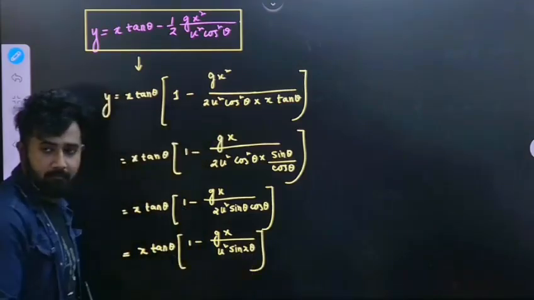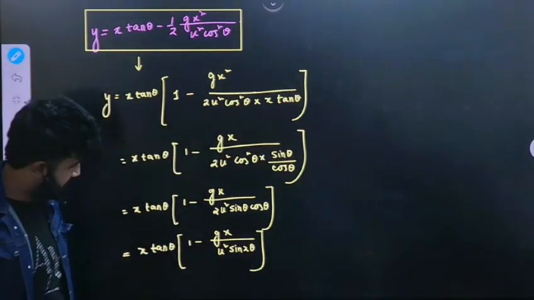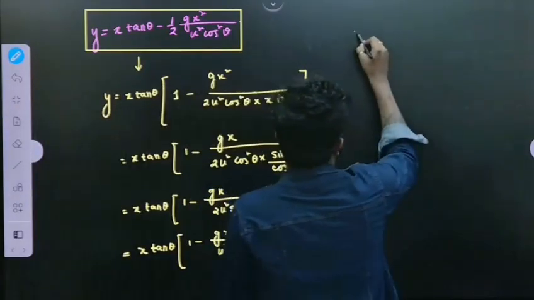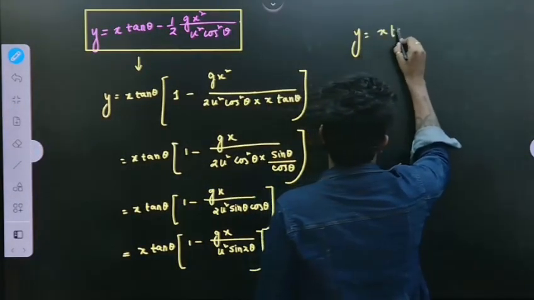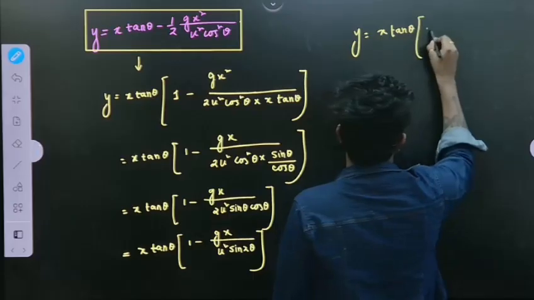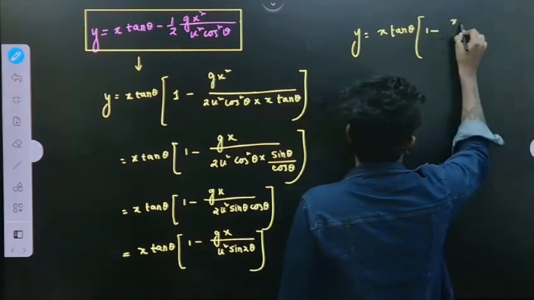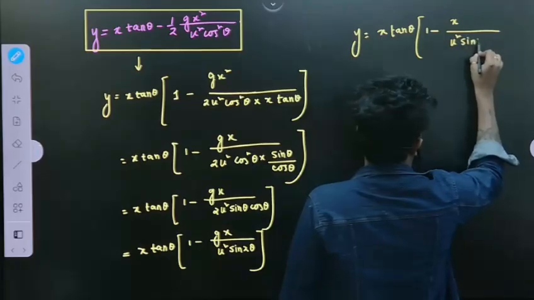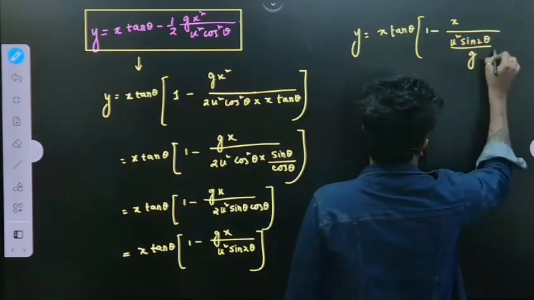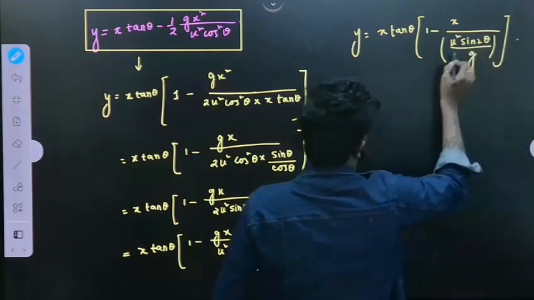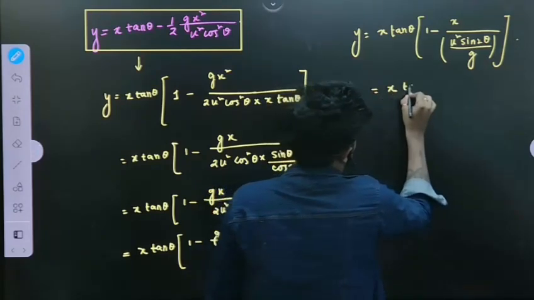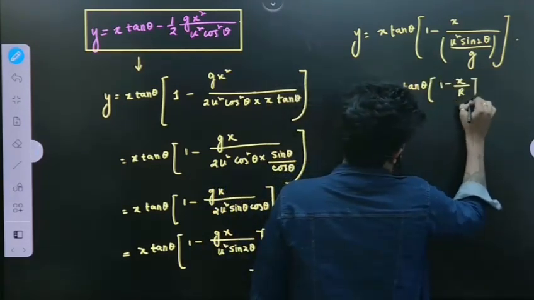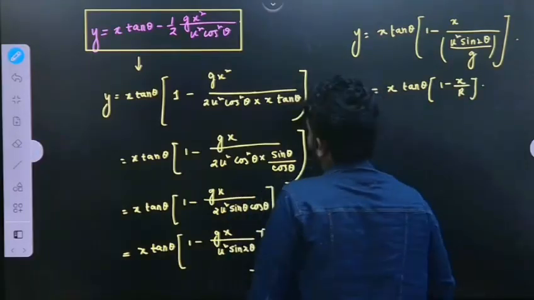I can write that now. Ultimately, y equals x tan theta into 1 minus x, and I can take g in the denominator: u square sin 2 theta by g. This is the formula of range. So this is our one more equation.